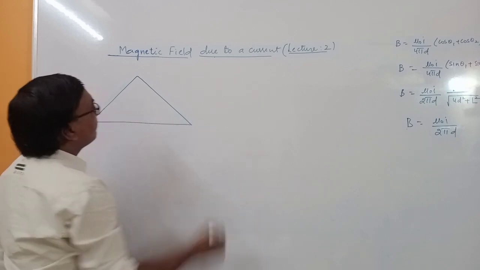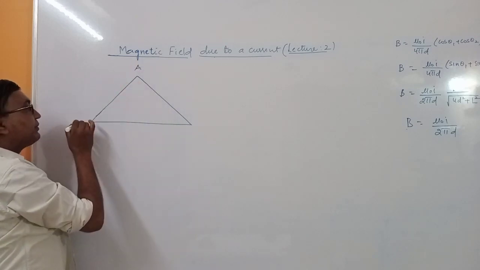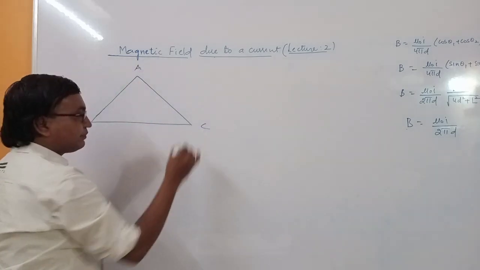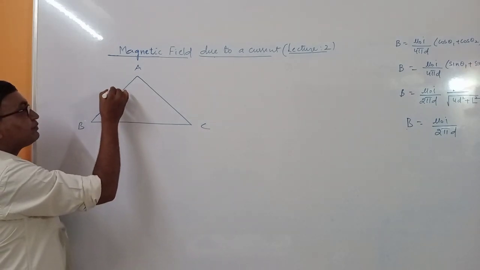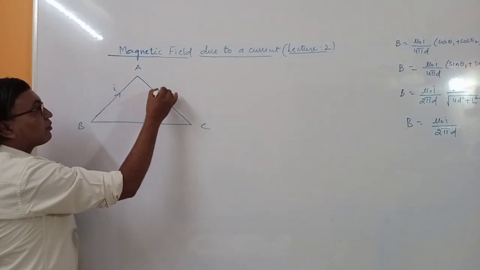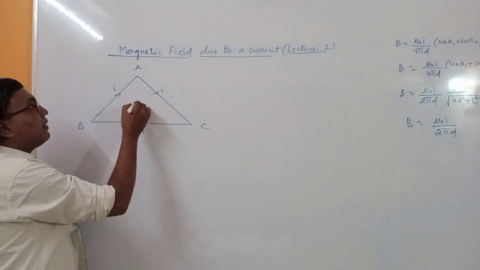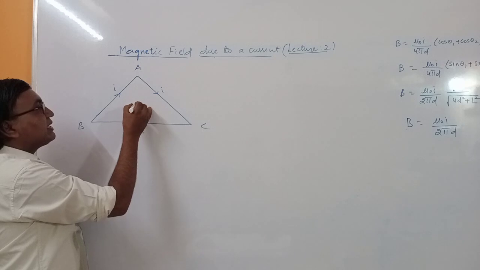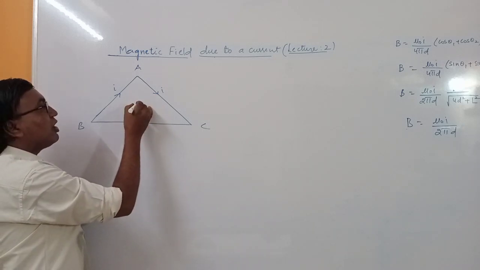So we'll assume an equilateral triangle, with points A, B, C. This equilateral triangle is carrying a current I. We have to find the magnetic field at its center, the centroid of the triangle.